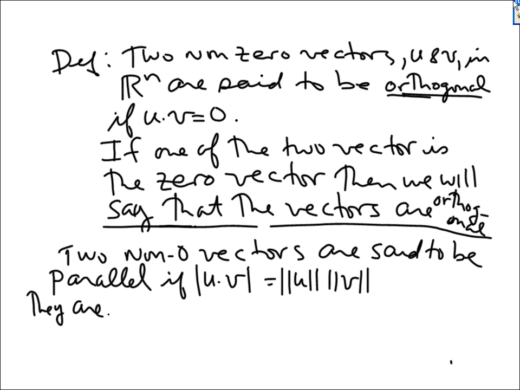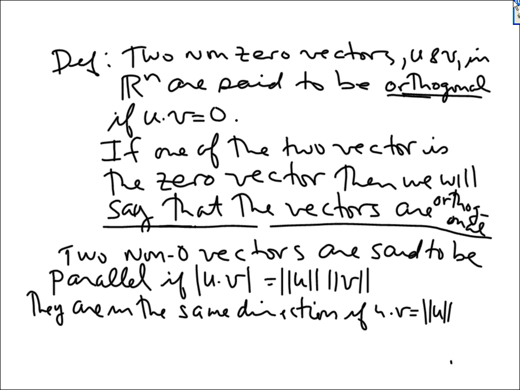Okay. They are in the same direction if u dot v is equal to the length of u times the length of v.